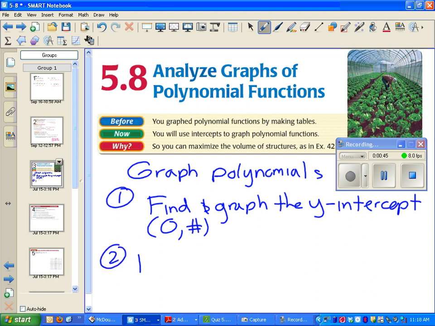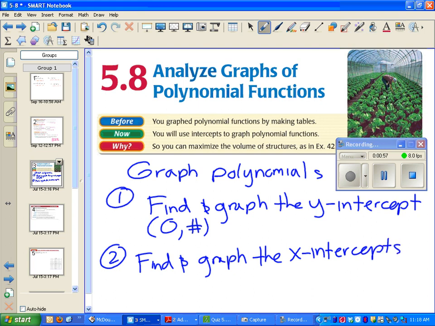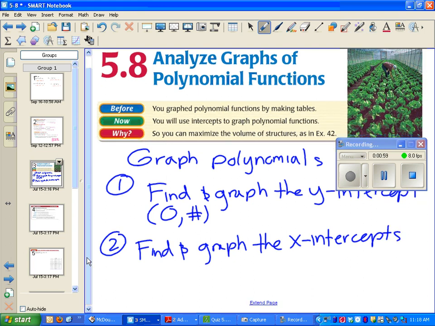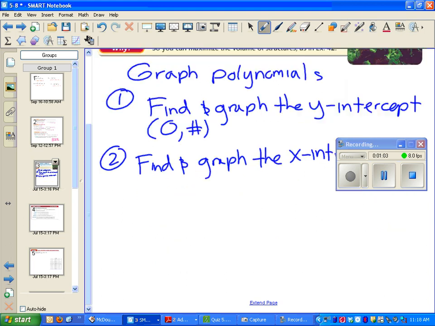Step 2 is find and graph the x-intercepts. That's when we will probably factor, probably use some synthetic substitution, and then we're finding all the numbers for x when y is equal to 0. And then 3, which you already know, is you're going to sketch the end behavior.